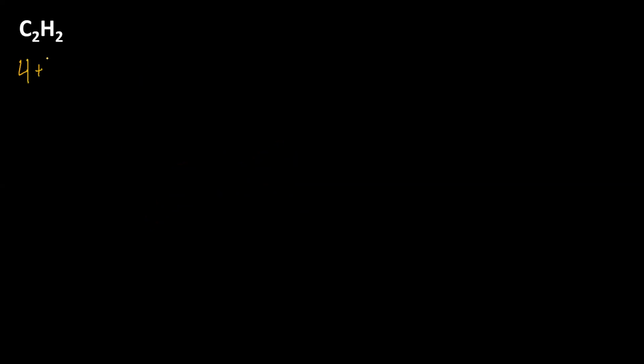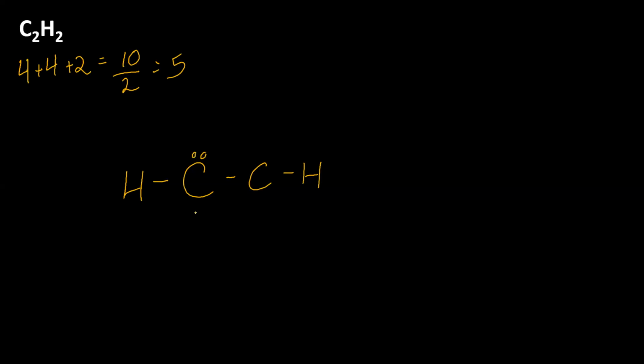Now I have 2 carbons and only 2 hydrogens. So I'm only going to show 5 pairs. 2 carbons, 2 hydrogens. I got some lone pairs, so I'll put them there. I'm going to label it carbon 1, carbon 2. Carbon 1's good. What about carbon 2?